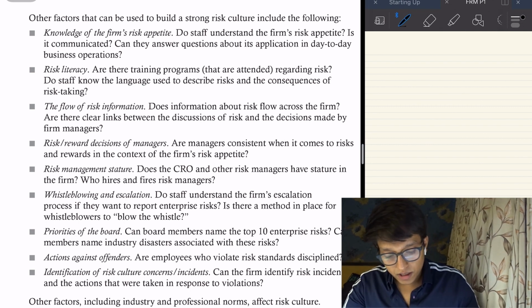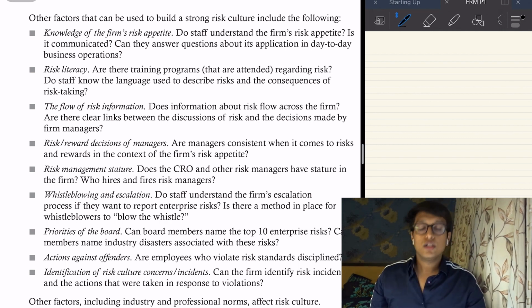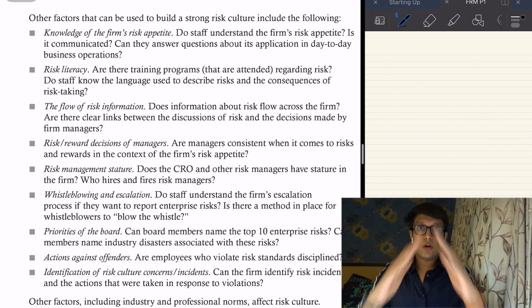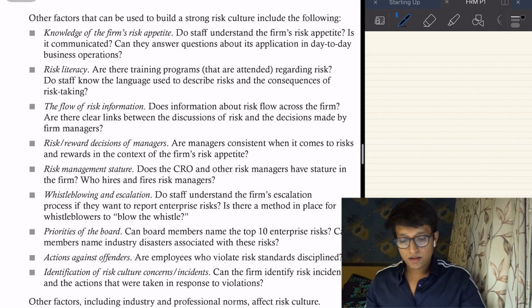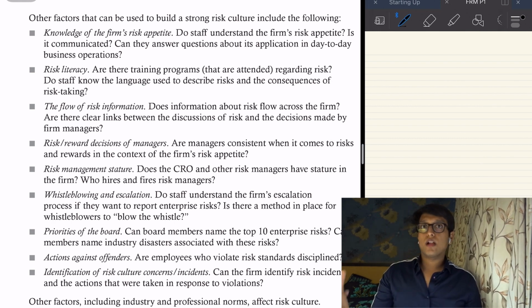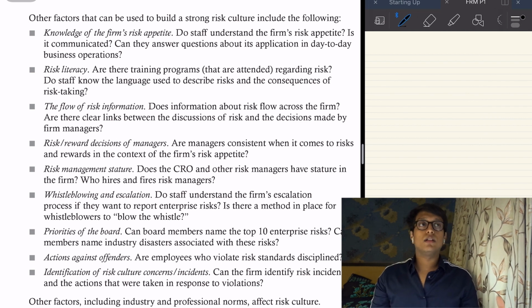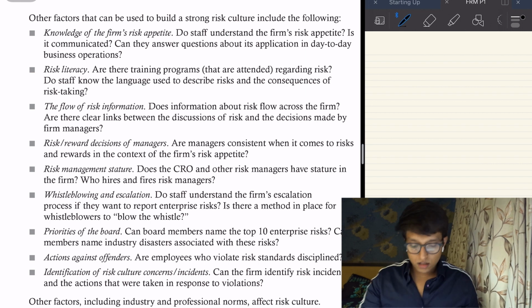Flow of risk information: does information about risk flow across the firm? It is top down as well, but information should flow across the firm through different divisions, and there should be links and discussions, because if the risk could be netted off directly between the two divisions, that would be great.